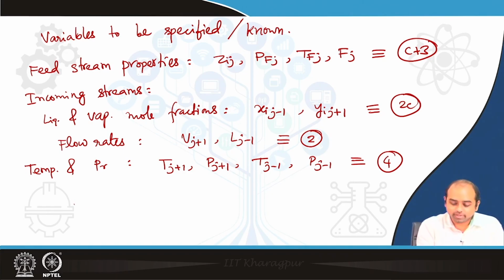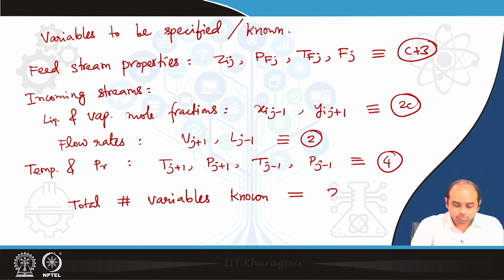So the total number of known variables is 3c plus 9. Isn't it? These variables are already known in the system.